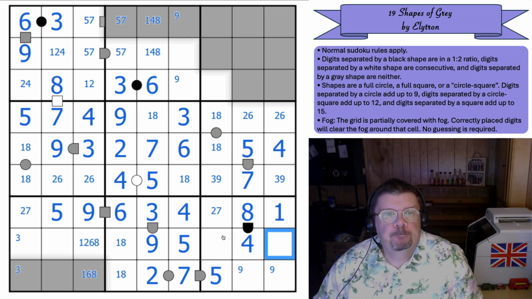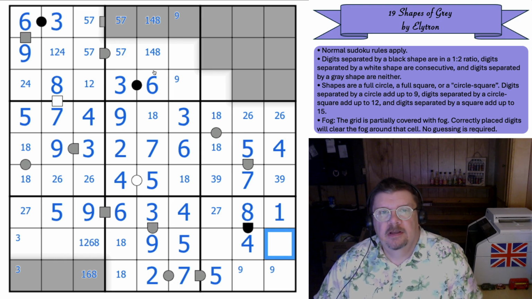All right, more sudoku. I don't think I have any partially covered symbols apart from that one, and I'm very sure I got that right.